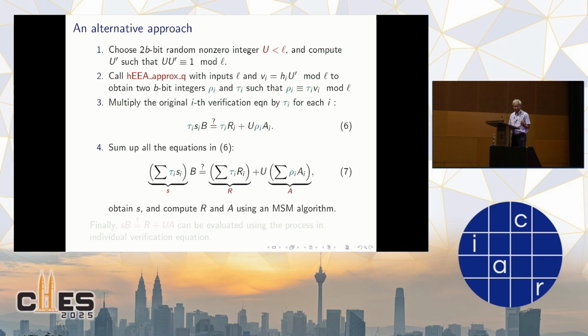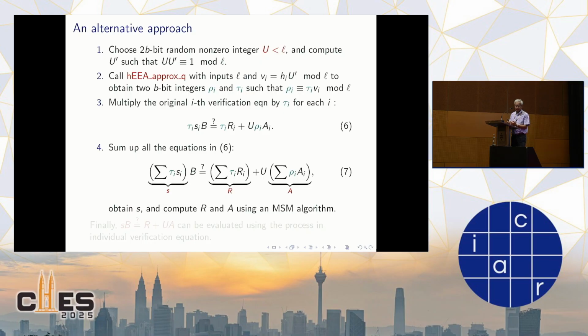So for n signatures, we add all these equations, then equation number 7 is what we get. So here, if you look at the right-hand side of that equation, you will be seeing that after U, we have something in the bracket.